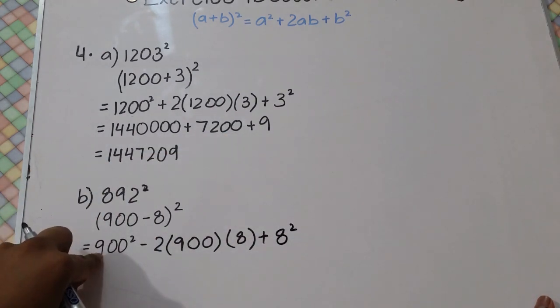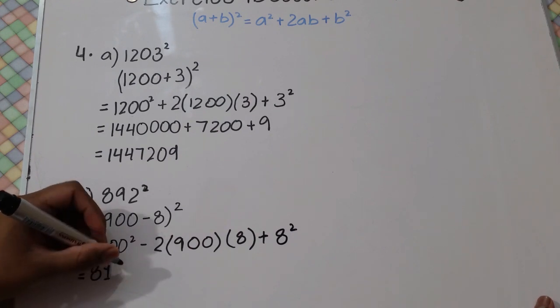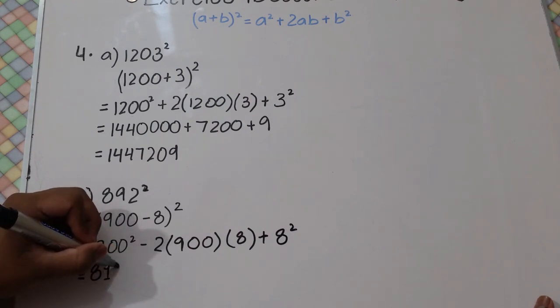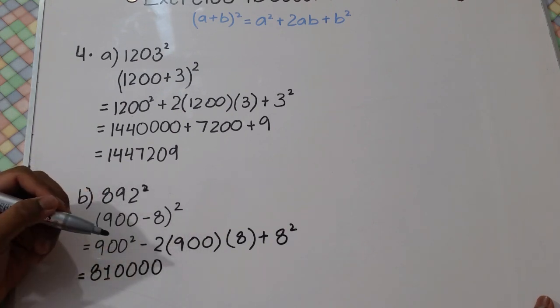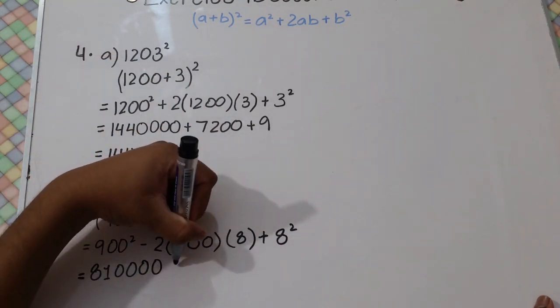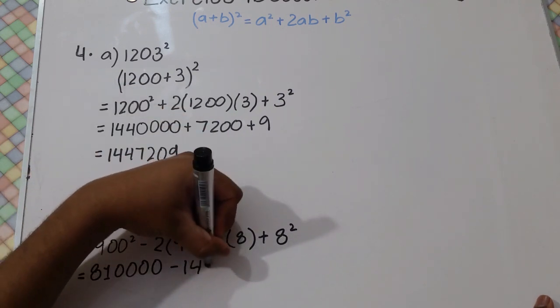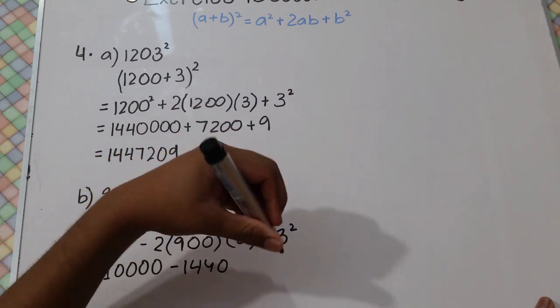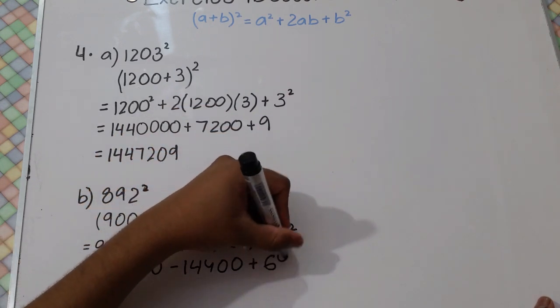So 9 square is 81, and we are going to double the zeros, so it would be 4 zeros now. Then 2 into 9 is 18, and 18 into 8 would be 144, so 14400, and the square of 8 would be 64.